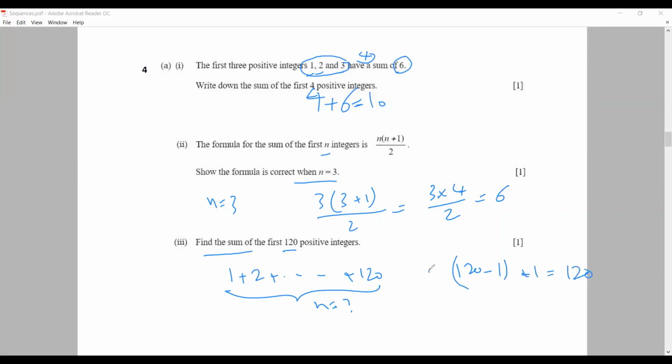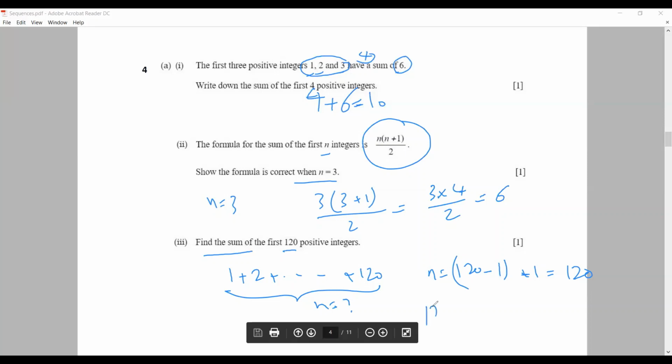So I have 120 terms, and then go back, use this formula, substitute n as 120. So 120 times 121 divided by 2. So that is 60 times 121, which would be 7,260, right? Okay, moving on to the next question.